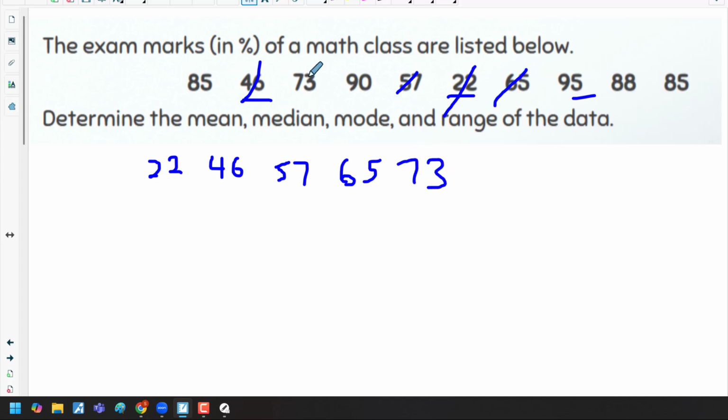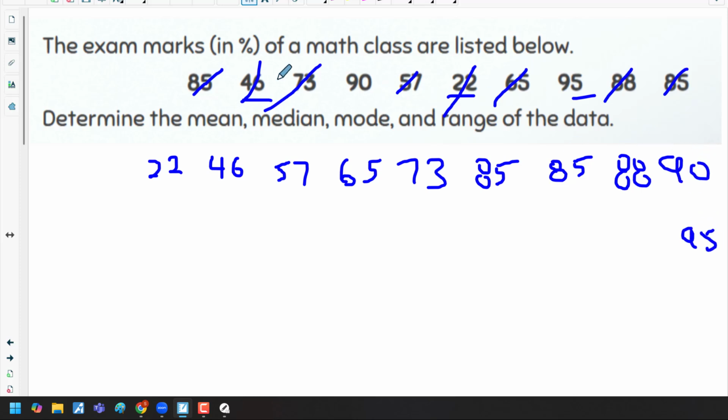Then we got 73. Then we have 85. Then we have another 85. Then 88. And then 90. And then 95. I ran out of room.